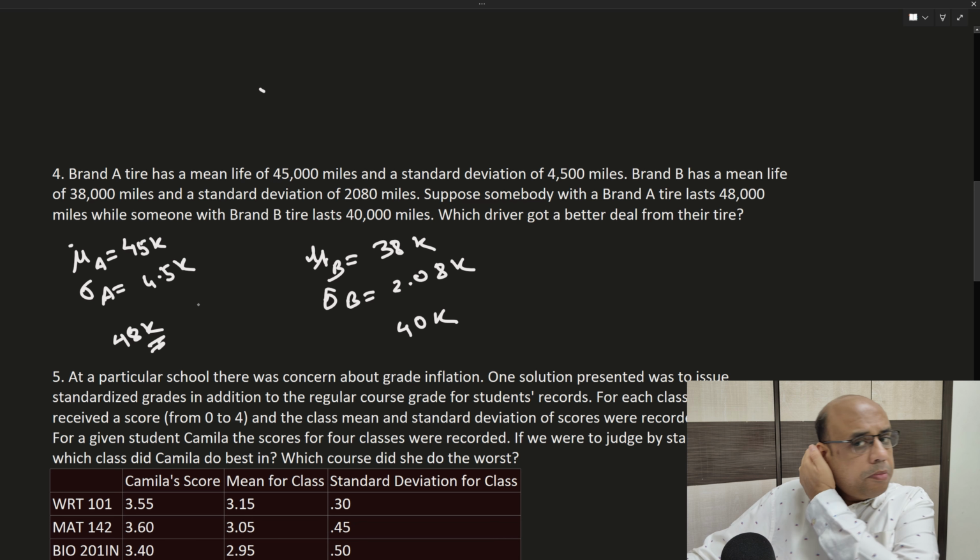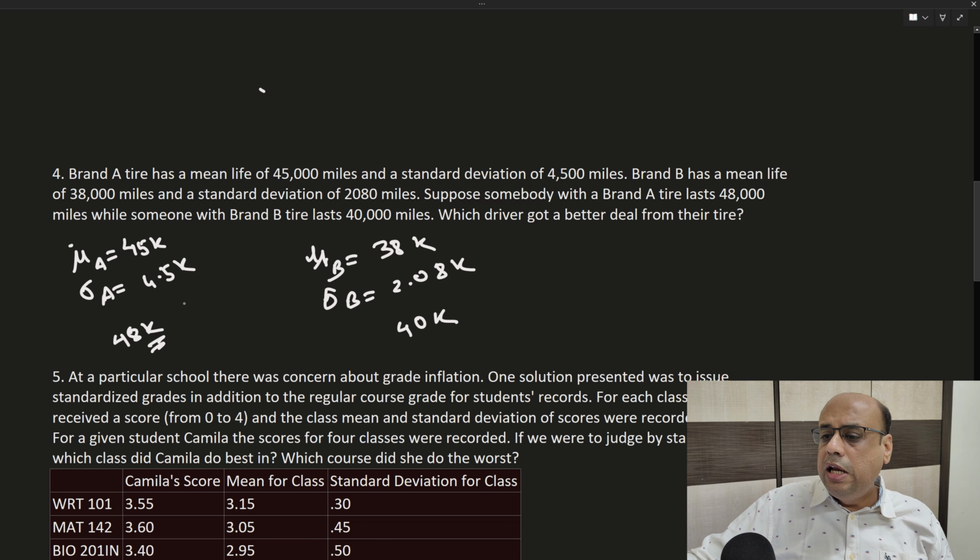So we will calculate the standardized Z value. Here it is 48K minus 45K, the sample value minus the population mean.